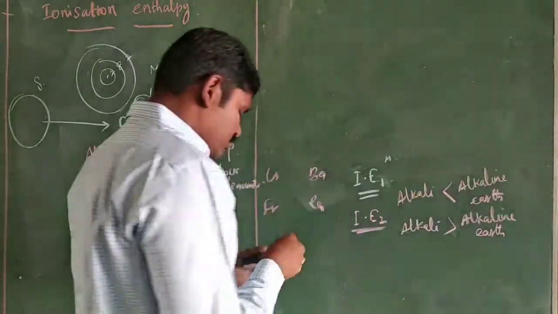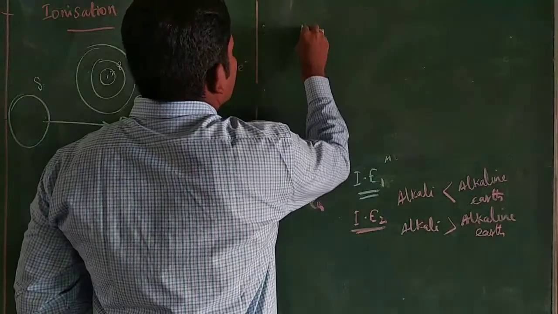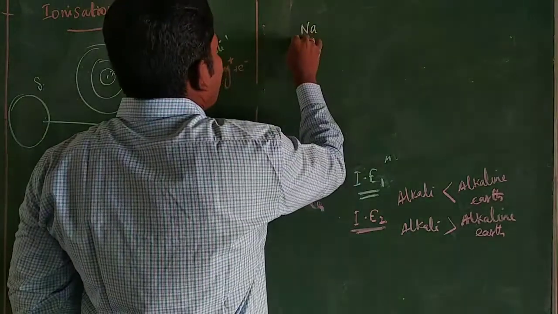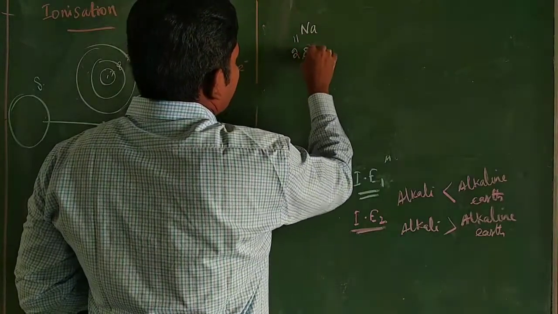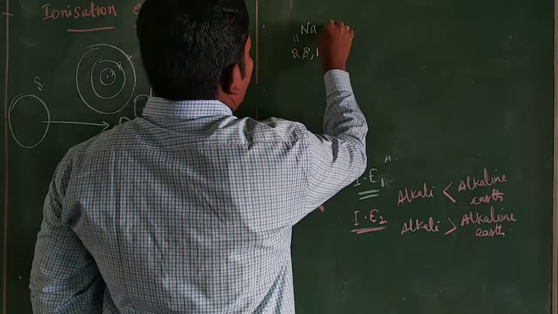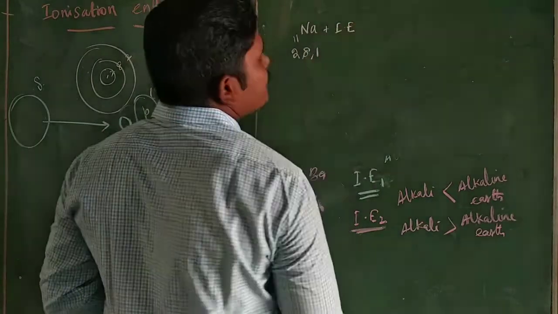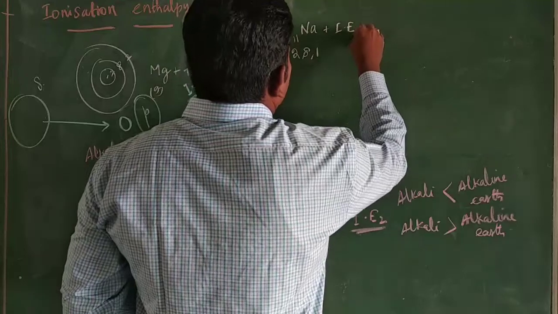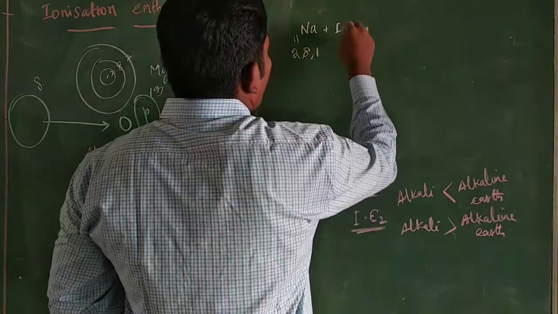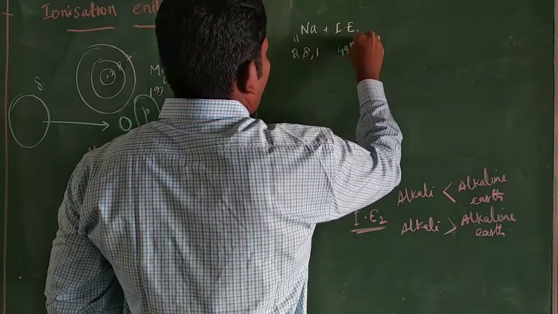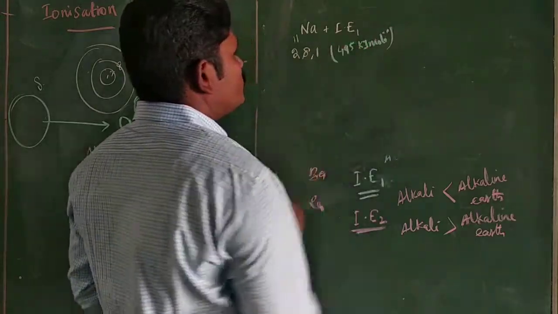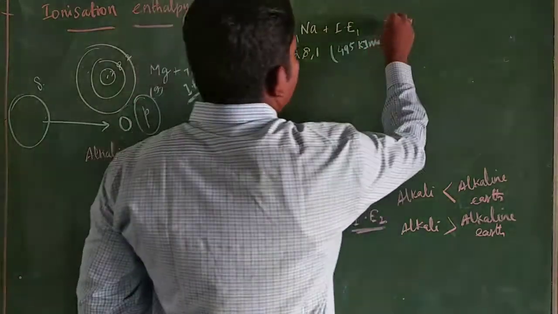For example, sodium, Na, atomic number 11, 2,8,1. The first ionization energy value of sodium is 495 kilojoule per mole.